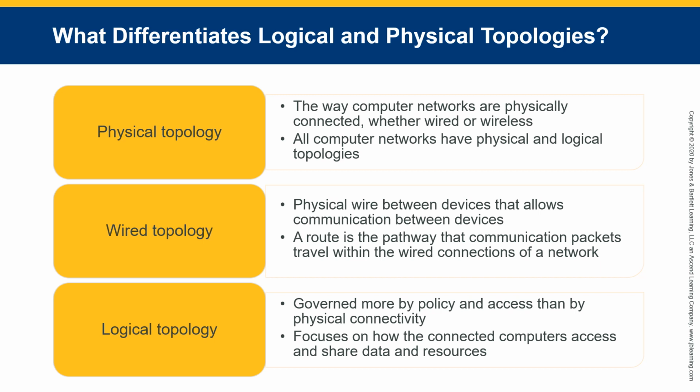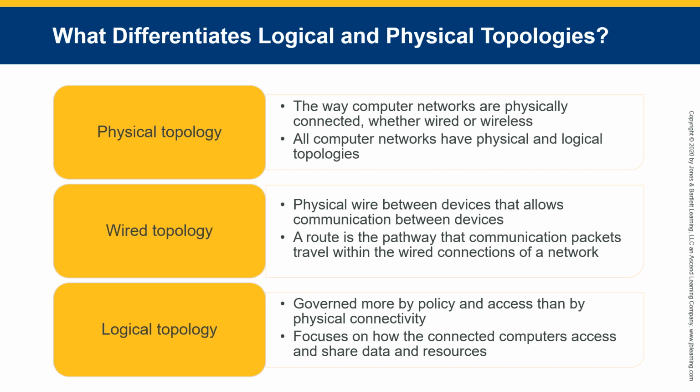So what's the difference between logical and physical topologies? Well, physical topologies are the way they're physically connected. The wires, the cables, the wireless, all of these things. What physically enables them? Are they fiber connected? Are they using wireless, whatever?